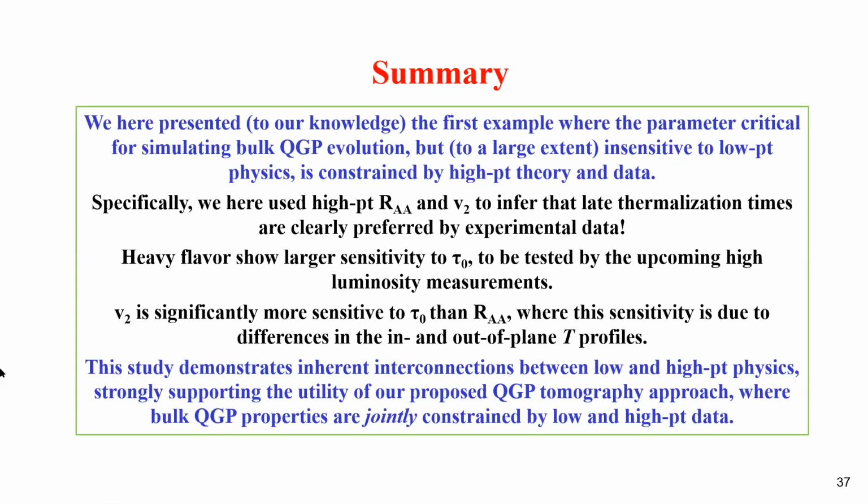And finally, we conclude that this study hopefully demonstrates inherent interconnections between low and high pT physics, strongly supporting the utility of our proposed QGP tomography approach for extracting the bulk QGP properties by jointly studying and constraining these by both low and high pT data.